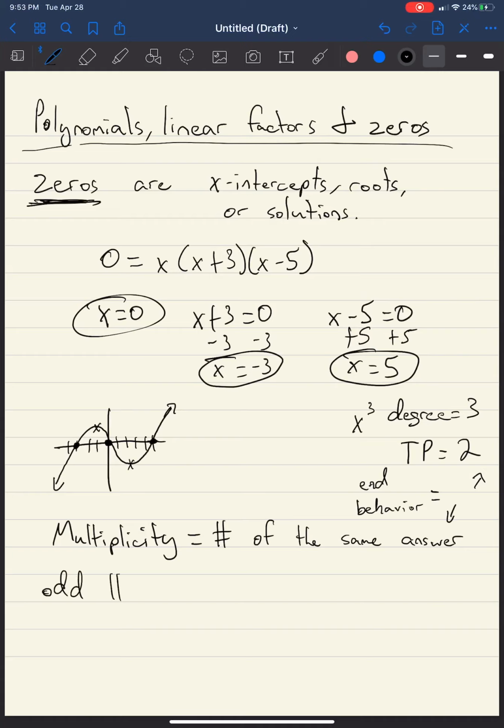If it is an odd number, it's going to go through. Like here we have 0, -3, and 5. None of those numbers are repeated, so it just goes straight through.